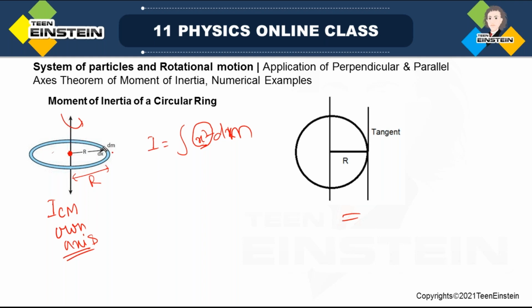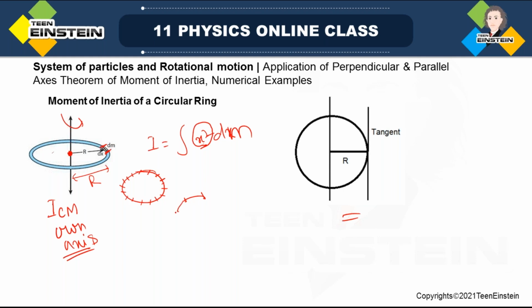Since it is a ring, all the mass is always at the periphery of this circular object. So I have to consider an element of mass dm at the periphery only. If I have a circle, I can take a small element, another small element, and then add all the elements to get the whole.